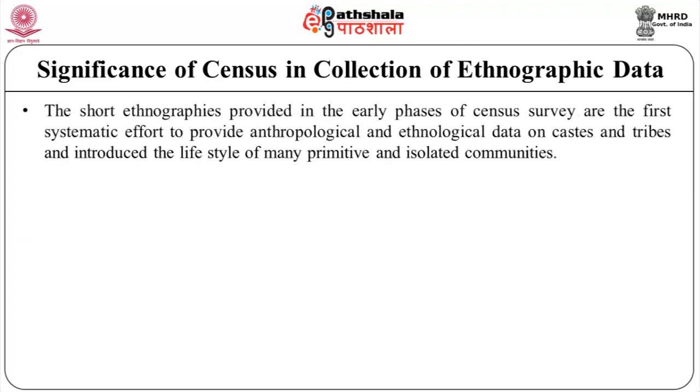The short ethnographies provided in the early phases of census survey are the first systematic effort to provide anthropological and ethnological data on castes and tribes and introduce the lifestyle of many primitive and isolated communities.